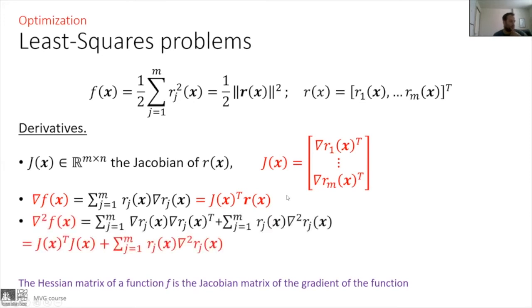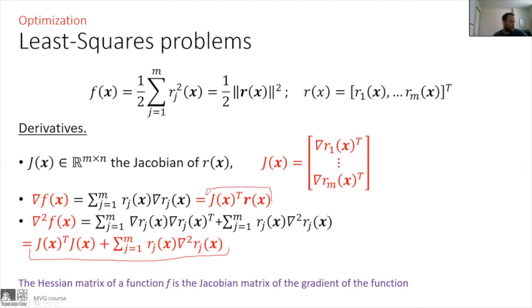Now the second derivative of this function is the first derivative of the gradient, right? And actually what we get is that the second derivative is composed of two components. The first is the Jacobian transpose times the Jacobian that we get from taking the derivative of this term, right?